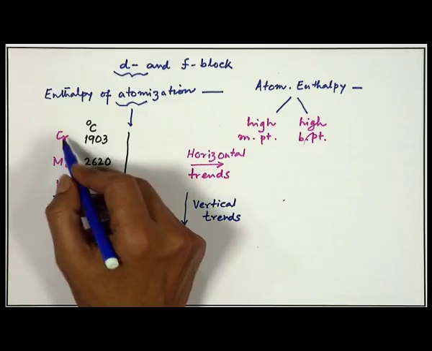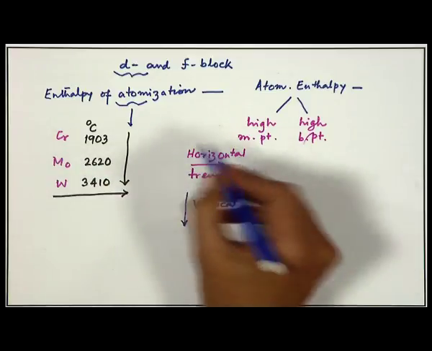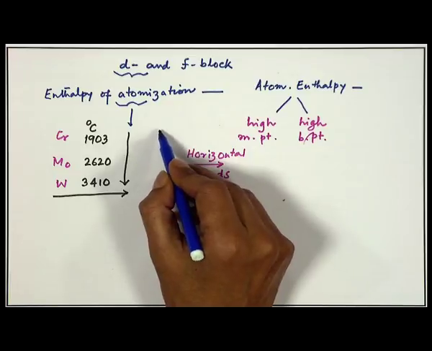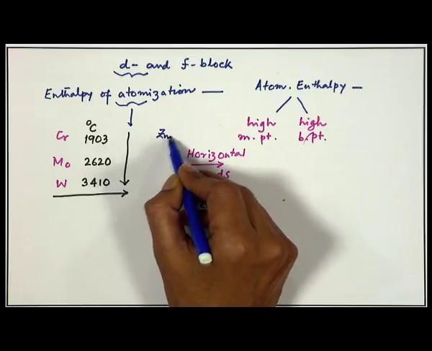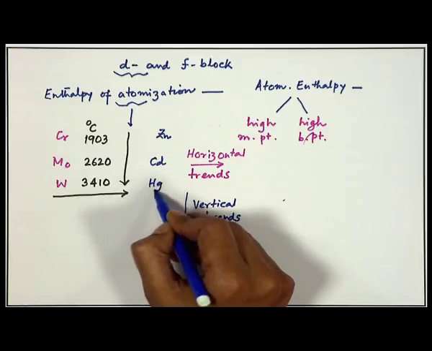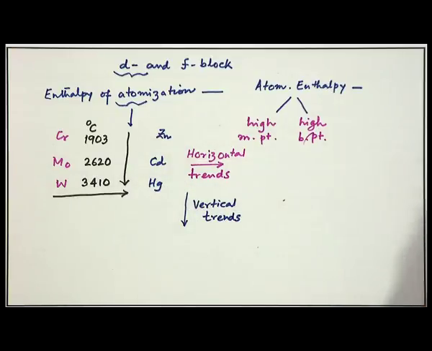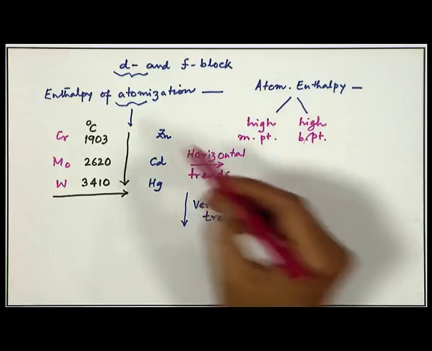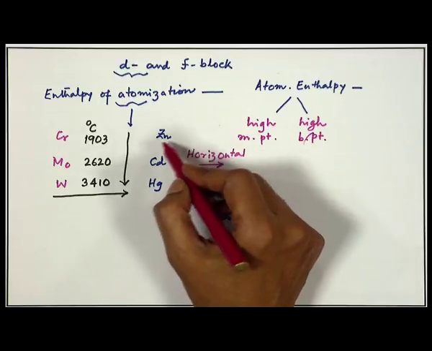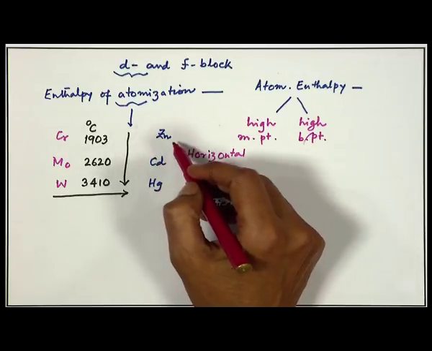So, going from chromium, molybdenum, tungsten, if we go to the extreme right side we have zinc, cadmium and mercury, and by defining them in terms of the corresponding d electron configuration, we already defined that these are not in the class of d block elements.